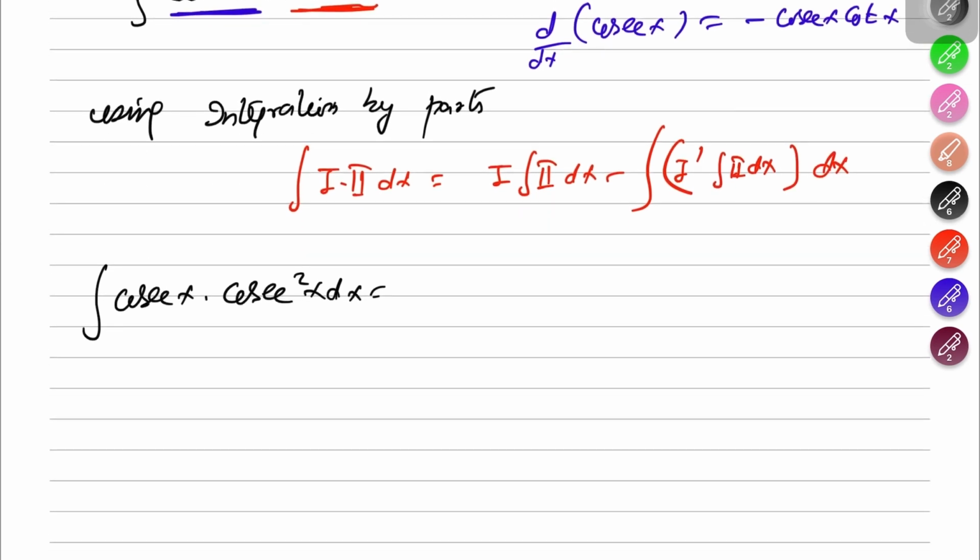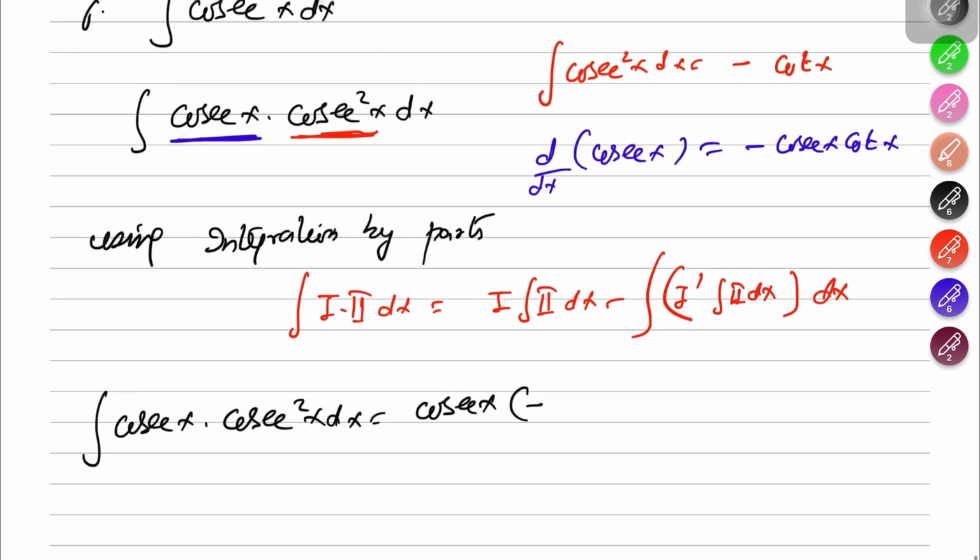So we use the same here. Cosec x, which is to be differentiated, remains the same, and cosec square x, which is integrated, gives minus cot x. So that becomes minus cot x minus the overall integration. The differentiation of cosec is minus cosec x cot x, and then the integration of minus cot x dx.